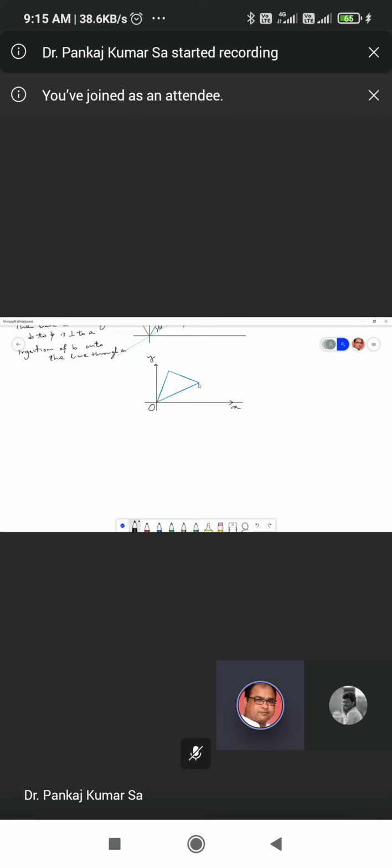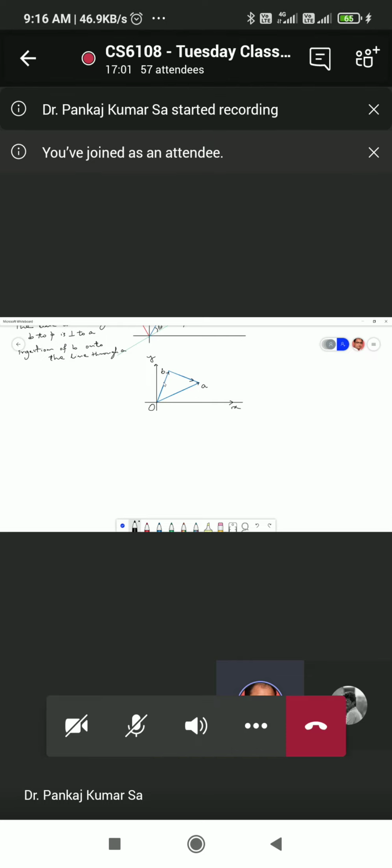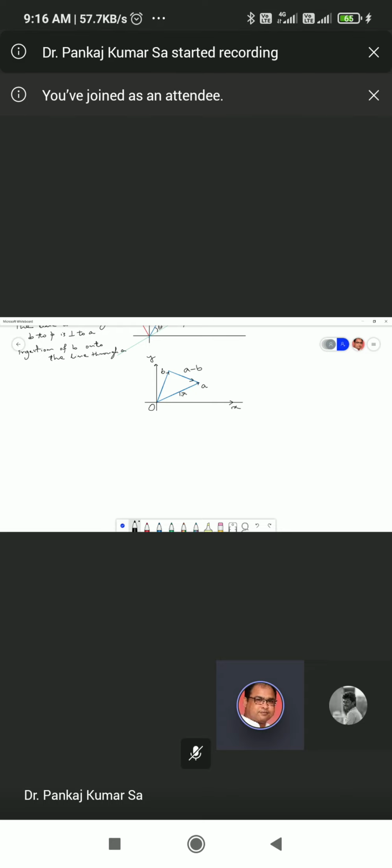And let us say this is the vector A. This is the vector B. And this is the vector, this plus this is equal to this, so A minus B. Here I have the length A. Here I have the length B. Here I have the length A minus B.